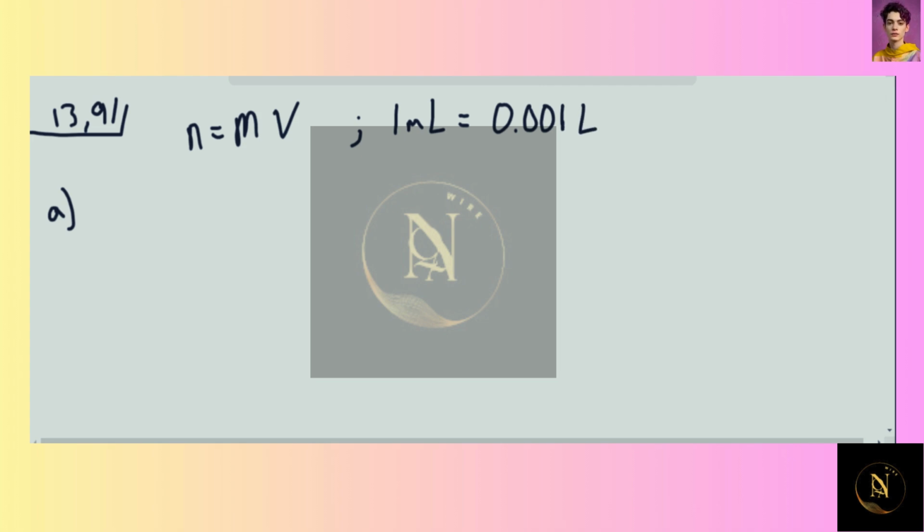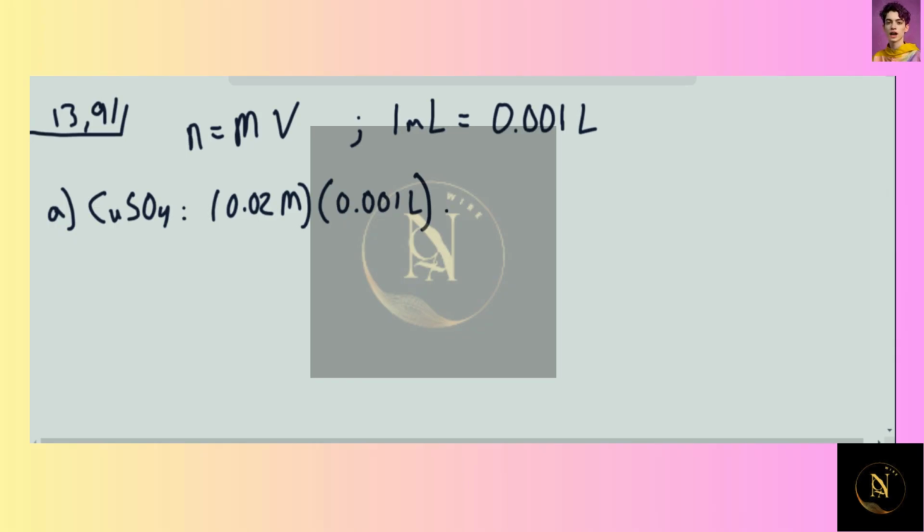So for copper sulfate, at the beginning here, we're given a concentration of 0.02 molarity. We need to multiply that by 0.001 liters to get the number of moles. Then to find the number of particles, we need to multiply by the Van 't Hoff factor, i.